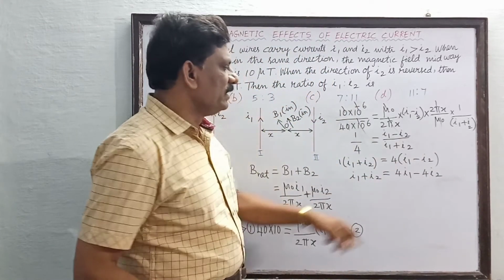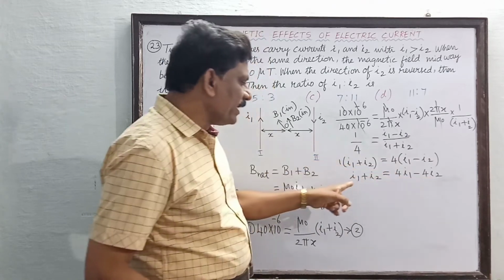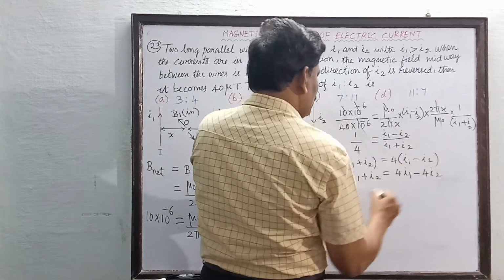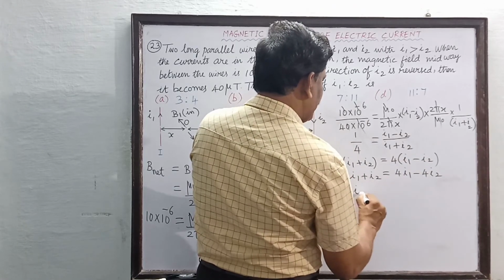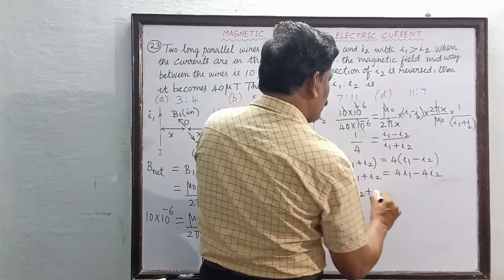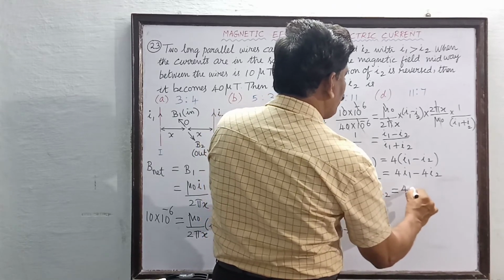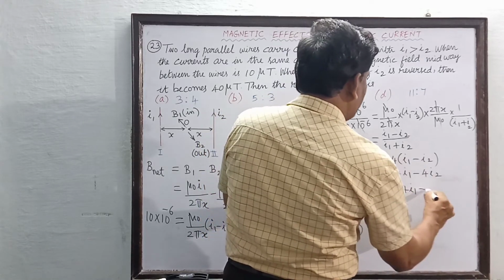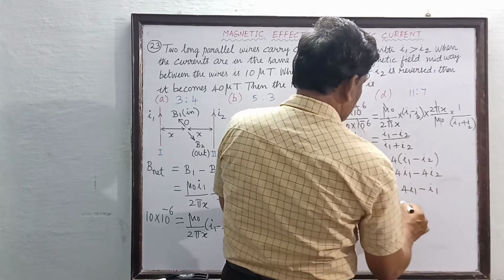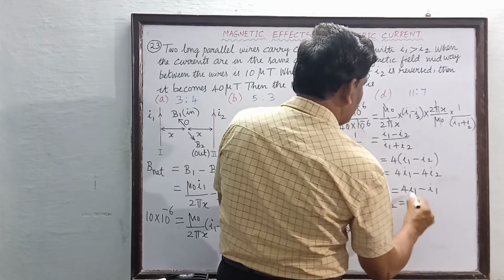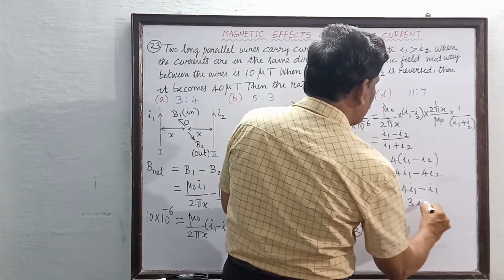Now this minus 4I2 is taken to the left, and this I1 is brought to the right. So I2 plus 4I2 is equal to 4I1 minus I1, so that 5I2 is equal to 3I1.